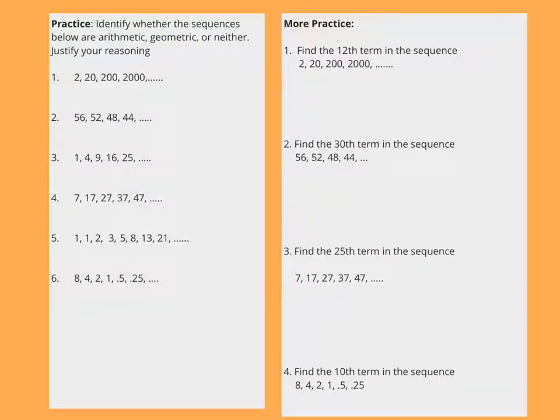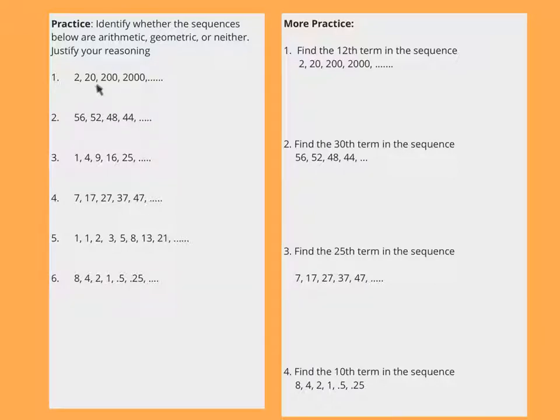Let's practice identifying whether a sequence is arithmetic, geometric, or neither, and then we're going to go ahead and apply some of those formulas. So if we look at our first sequence here, we have 2, 20, 200, 2,000. The numbers are getting large pretty rapidly, which will indicate to you that you're probably multiplying.